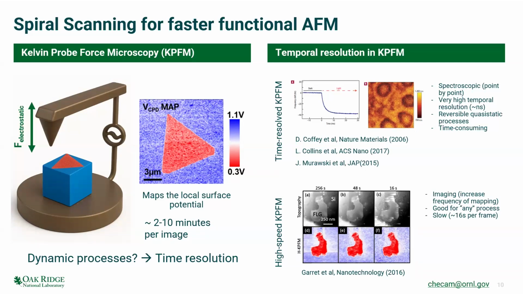However, all the modes that are developed for high-speed AFM are just topography, because the bottleneck for most of the functional AFM modes is related to the functional mode itself. So when we show these at AFM conferences, the high-speed people are getting 3 frames per second, and 20 years ago we were doing 50 frames per second. But the key point is that we do something more than topography, which is the advantage of the AFM at the end of the day.